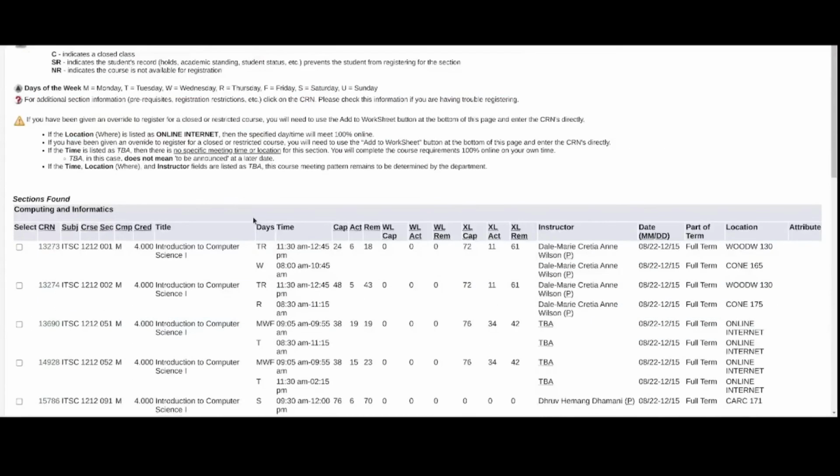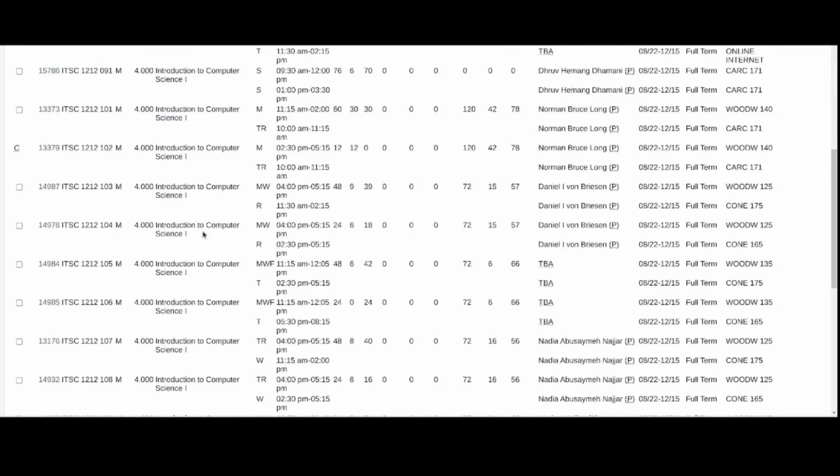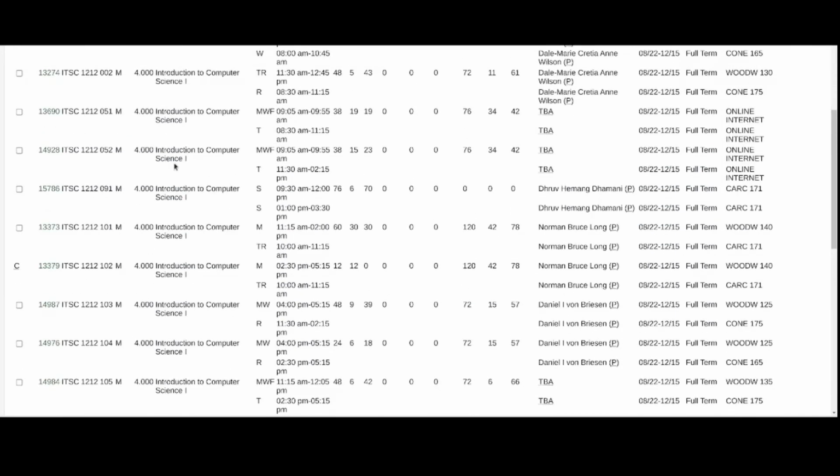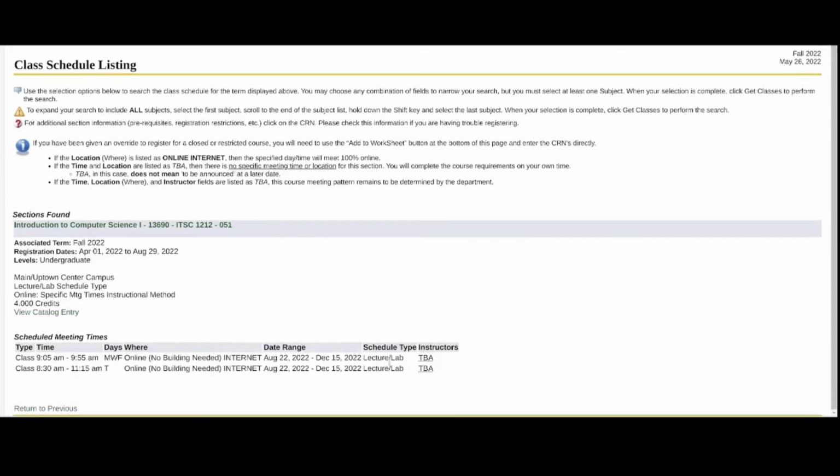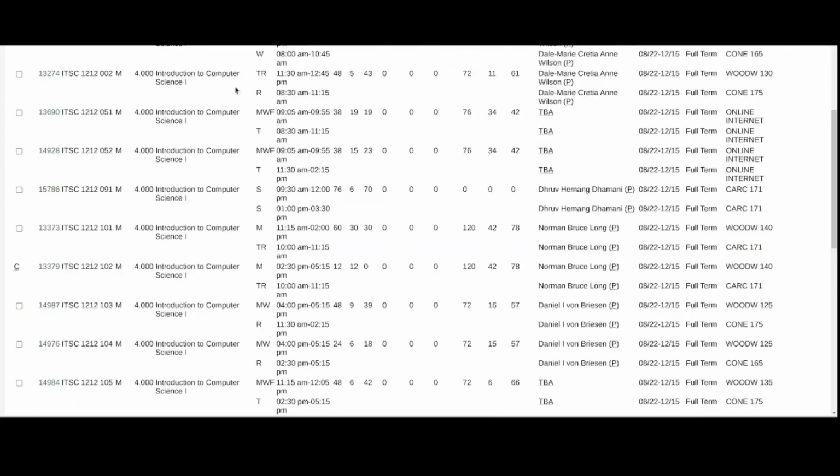So if I look at sections for this, you will notice that it is a 4-credit course with 3 days a week of lecture and 1 day a week of lab. And we can see that by clicking on the course and seeing, well, here it's listed as lecture/lab, but the 3 days a week are lecture and the other day is lab. So here the lab section is built in to a single listing on the course schedule.